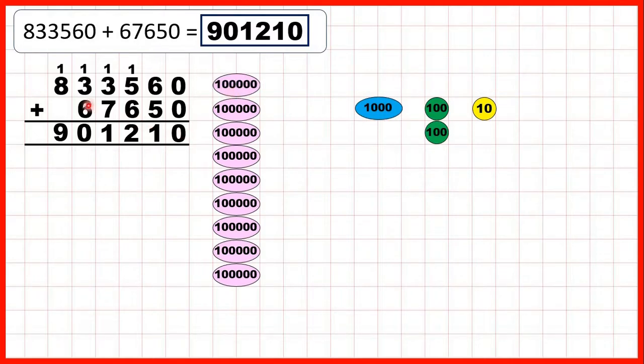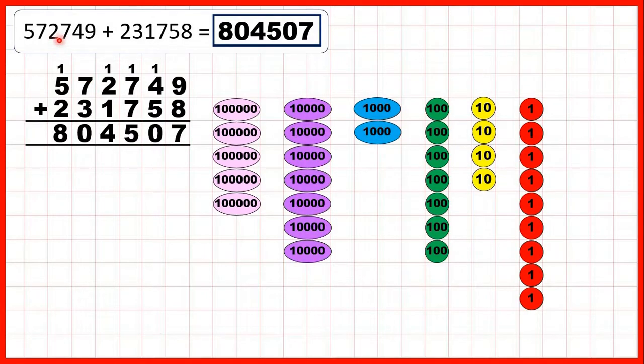So now we don't need to add any 100,000s, but we can see the place value counters we now have show our answer. We have 9 100,000s, no 10,000s, 1,000, 2 hundredths, 1 10, and no ones.